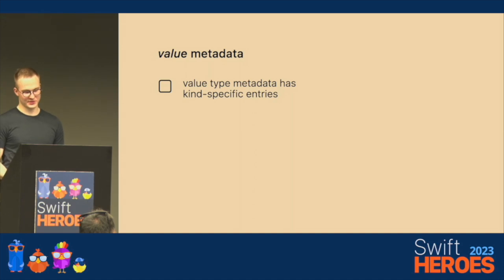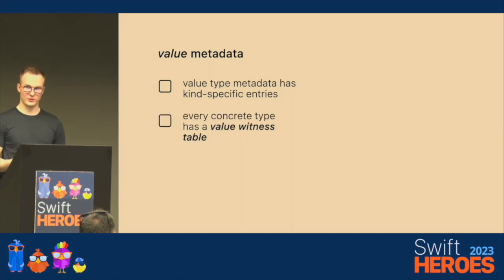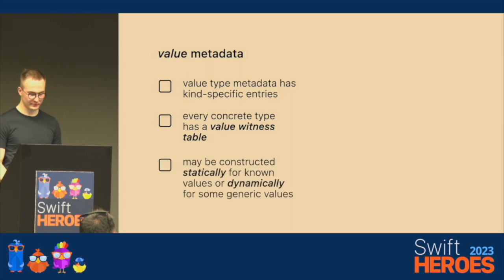Every concrete type has a value witness table that provides information about how to lay out and manipulate values of that type. And when a value type has opaque layout, the actual layout and properties of that value type are not known at compilation time, so the value witness table is consulted.